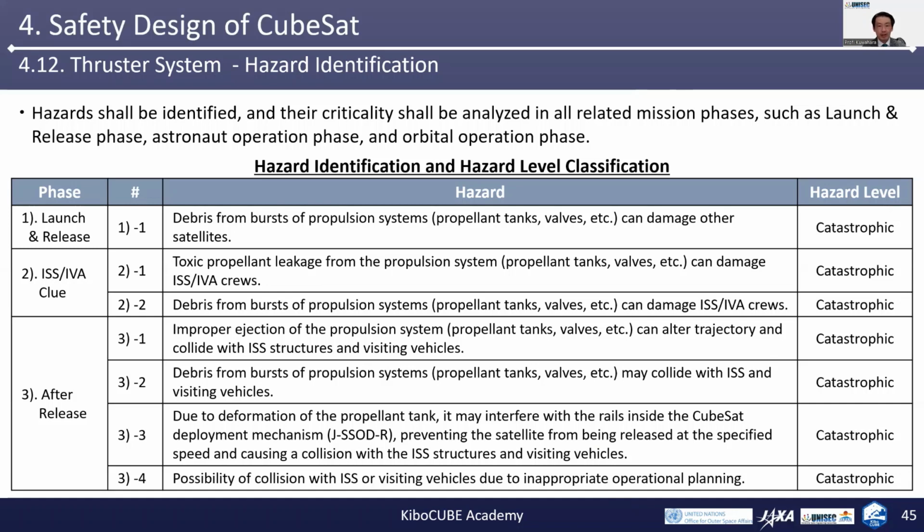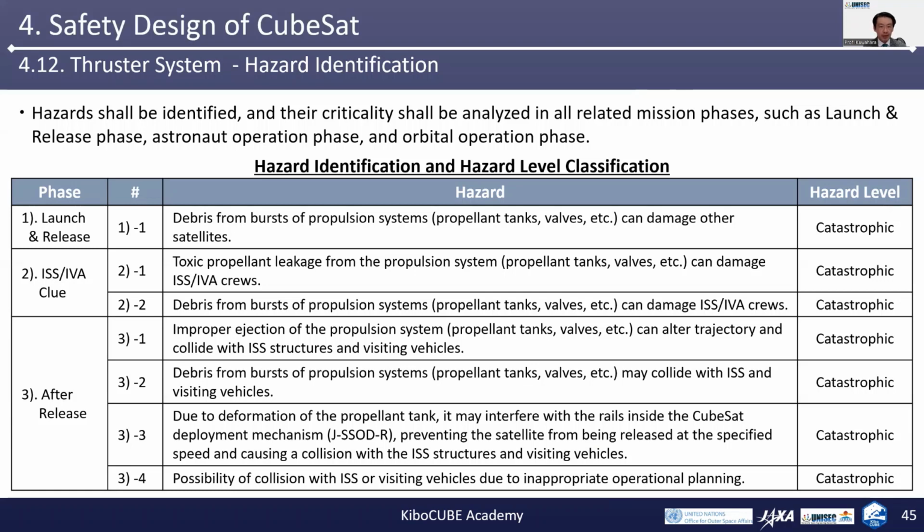The third one is that due to deformation of the propellant tank, it may interfere with the rails inside the CubeSat deployment mechanism, J-SSOD, preventing the satellite from being released at the specified speed and causing a collision with the ISS structures and visiting vehicles.